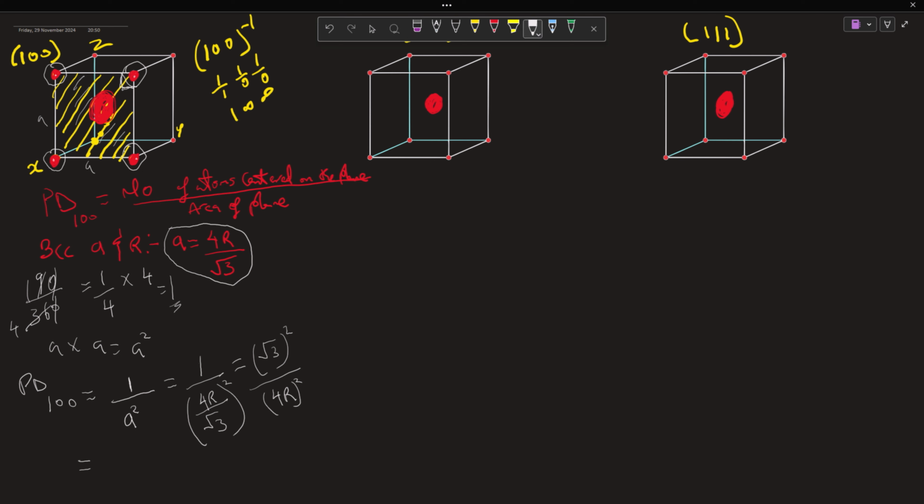Which is equal to 3 over 16R squared. That is the planar density for plane 100.